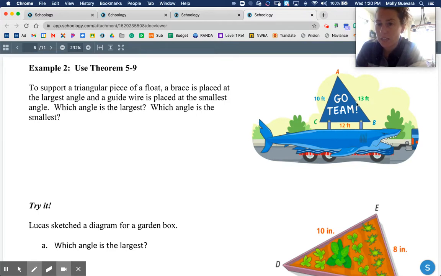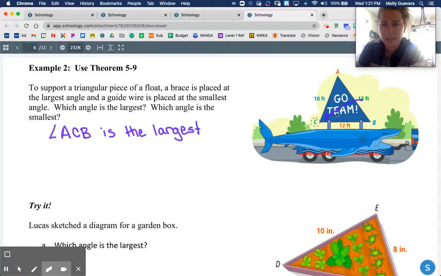Here is my largest side, which means the largest angle is going to be across from that, right here at angle C. So I can say the angle, and again, you have to use 3 letters. I'm going to either say ACB or BCA. So I'm going to go with ACB is the largest.